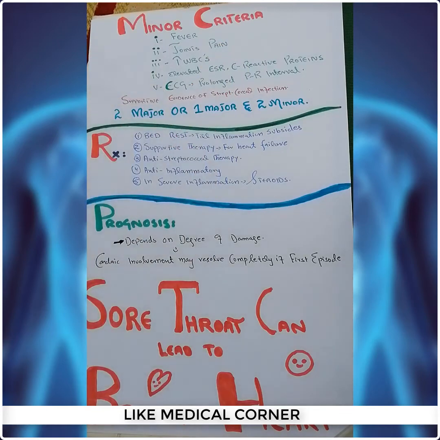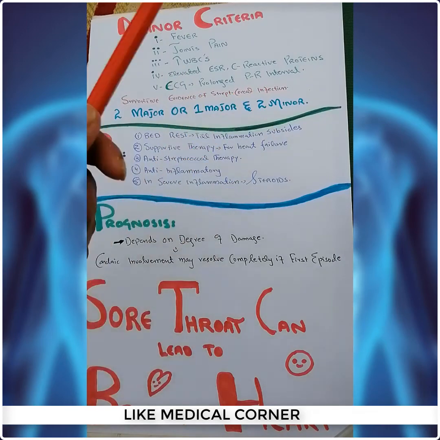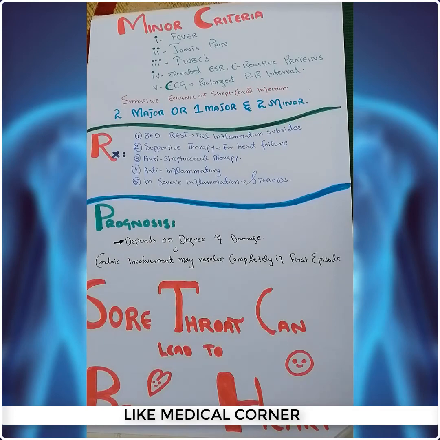All these are the minor criteria for the diagnosis of rheumatic heart disease or rheumatic fever. The most common supportive evidence in the minor criteria is the previous history or previous evidence of streptococcal infection. We label a patient with rheumatic fever or rheumatic heart disease when there are two major or one major and two minor criteria.